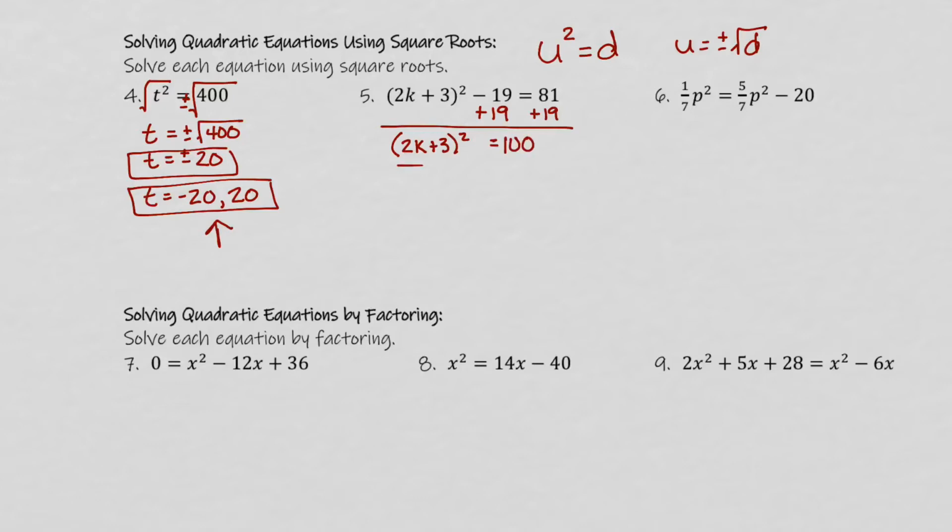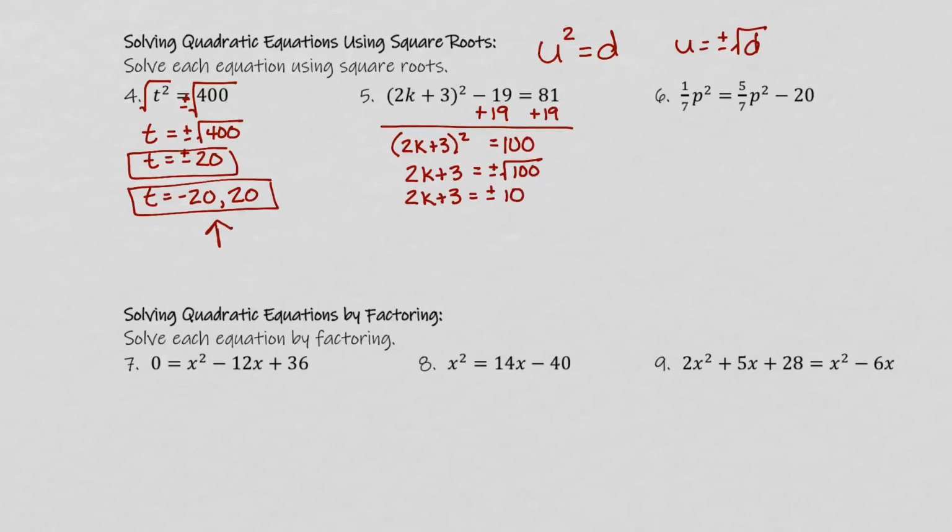So now the left side is something being squared equals a number. So I can go ahead and square root both sides. The left side just becomes what's inside the squared. And now it equals the plus or minus the square root of 100, which equals plus or minus 10.